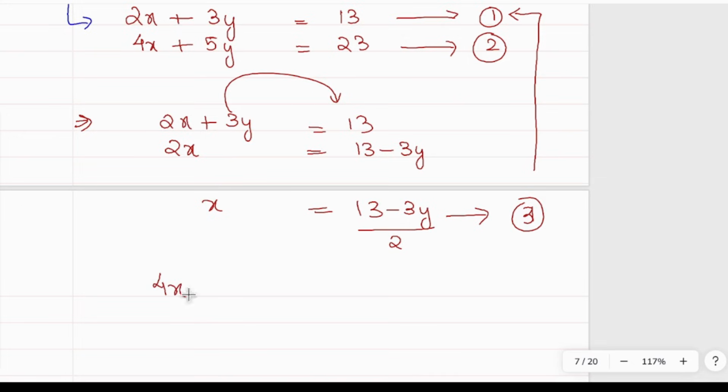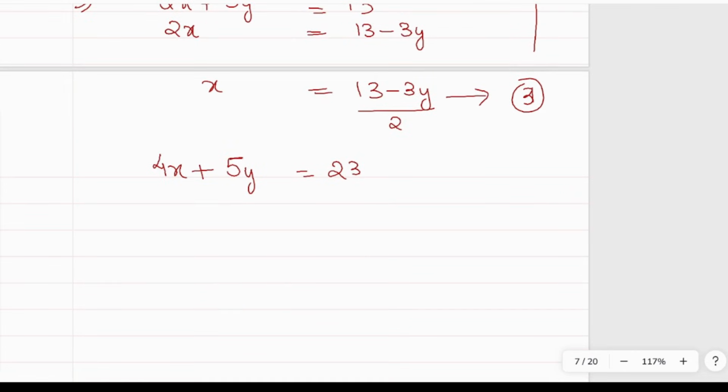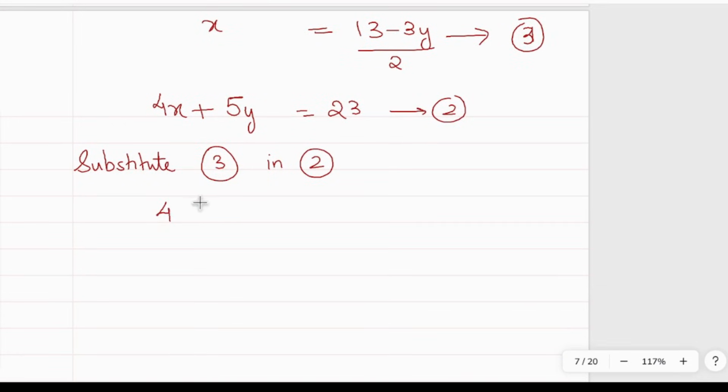Let me take my second equation, 4x plus 5y equal to 23, right? Now I need to substitute the value of x in this equation. Substitute 3 in 2. So what can I write? 4 into, in place of that x, I have to write 13 minus 3y divided by 2. Then I have to continue: plus 5y equal to 23.